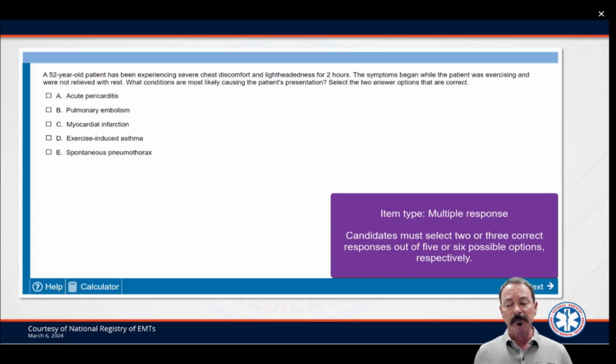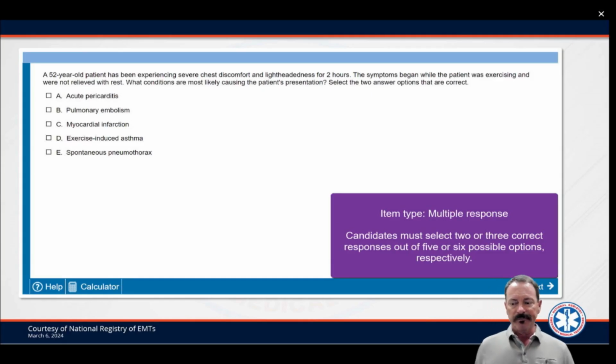What conditions are most likely causing the patient's presentation? Select the 2 answer options that are correct. Okay, so it just said there are 2 correct answers, and you need to be able to figure out what that is. Well, acute pericarditis, pulmonary embolism, myocardial infarction, exercise-induced asthma, or spontaneous pneumothorax.